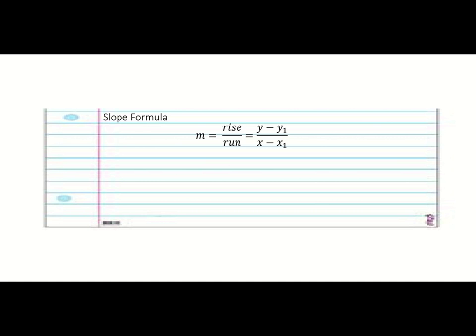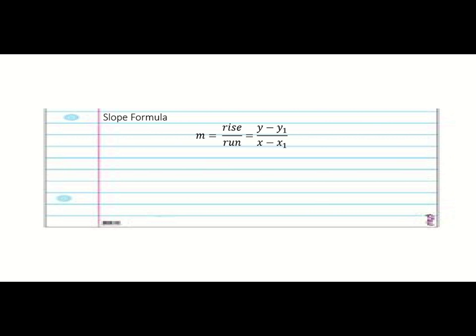So we already know that slope is equal to rise over run. And if we think about when we rise, we're going up and down on the graph. That's changing our y values. Whereas when we run on the graph, we're going left or right. That changes the x values.